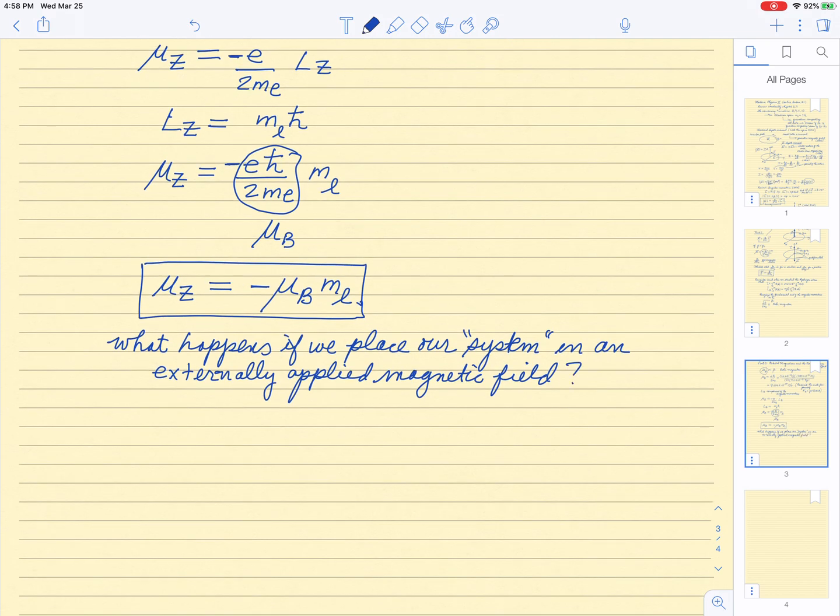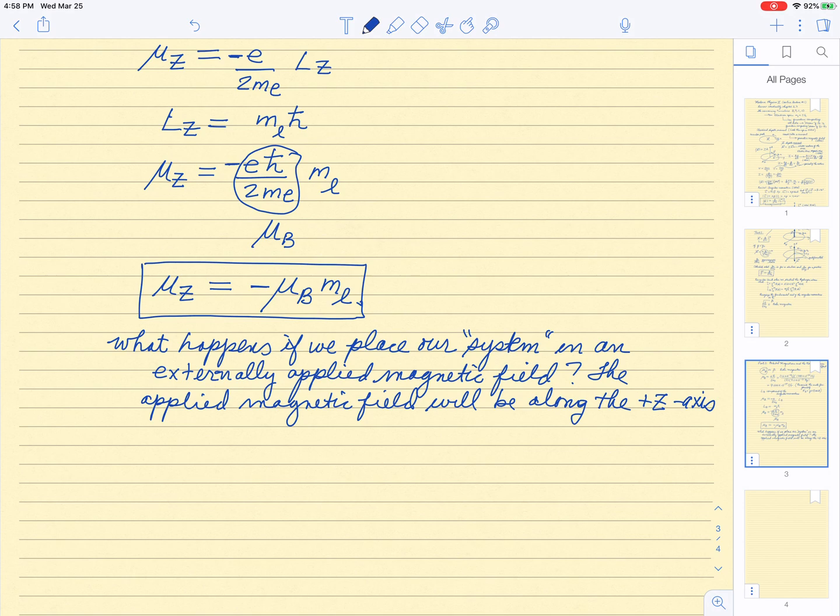The applied magnetic field will be along the positive z axis.